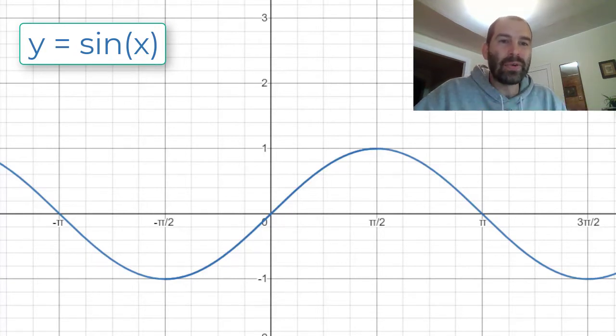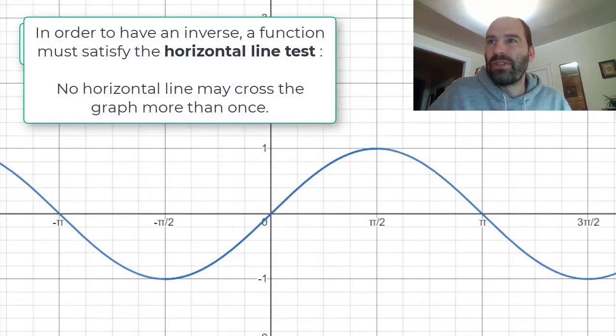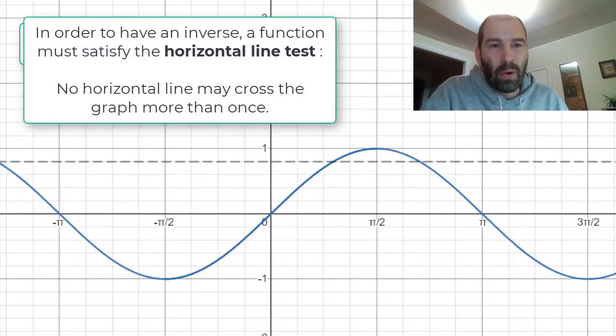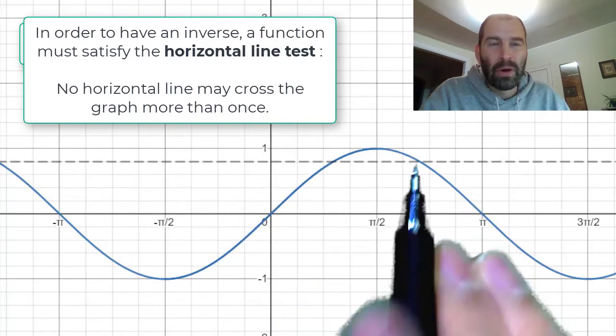So this graph is failing an important property that functions need to satisfy to have an inverse, and that is the horizontal line test. If I draw a horizontal line, in order to have an inverse, the horizontal line must cross the graph at most once. But we see that this horizontal line is crossing the graph multiple times.